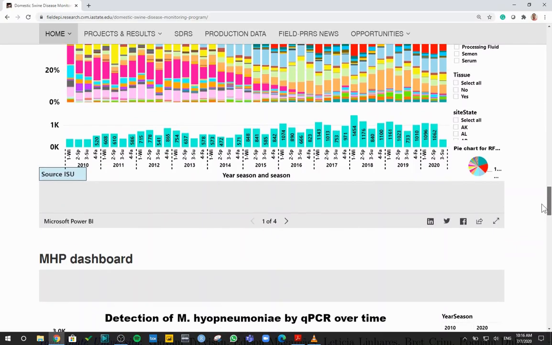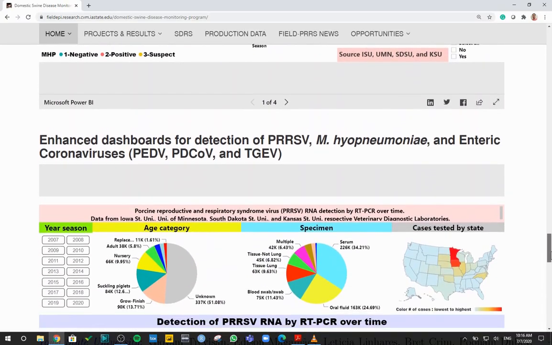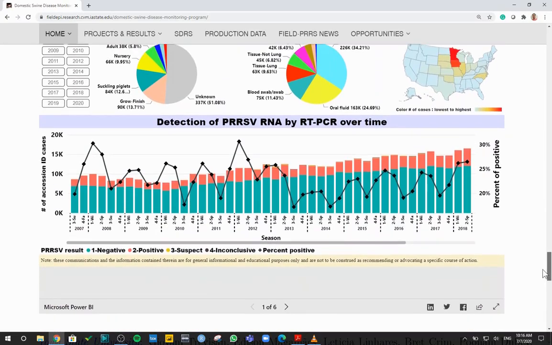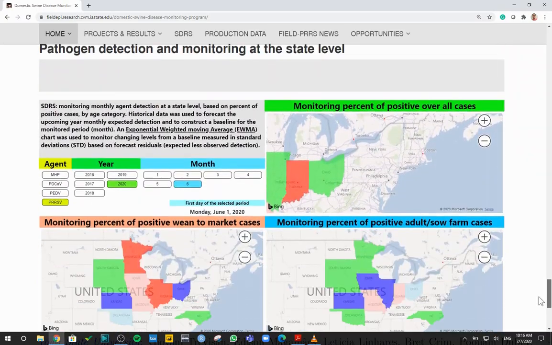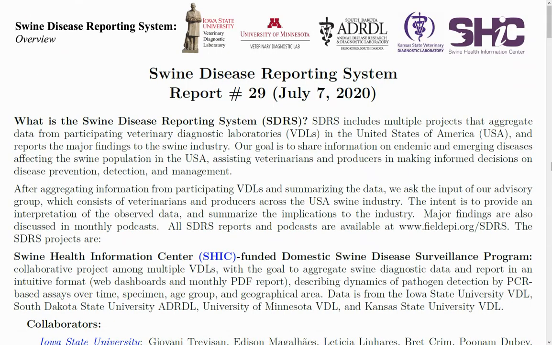This is informative to understand the change in terms of overall detection and or at a state level, and for disease diagnosis at agent level information. This may be useful to reinforce biosecurity and biocontainment compliance to reduce the spread of the agent across farms when you pinpoint some signals.